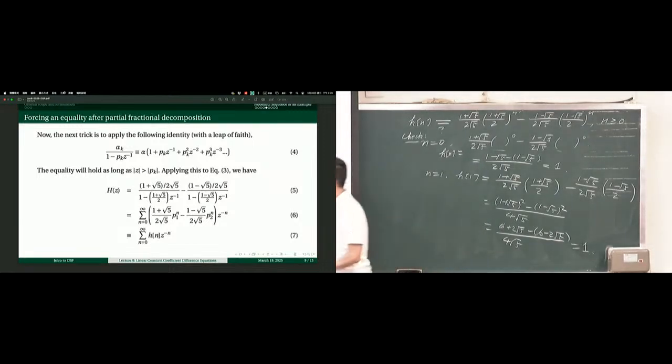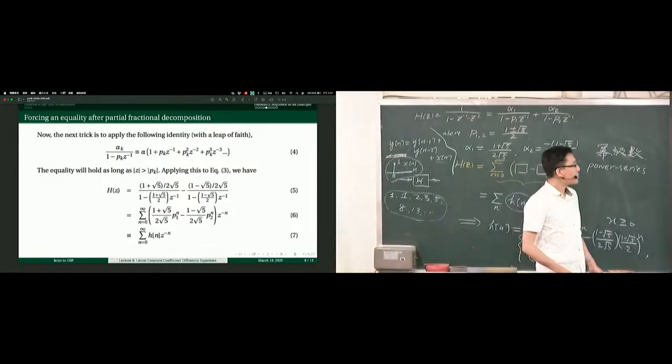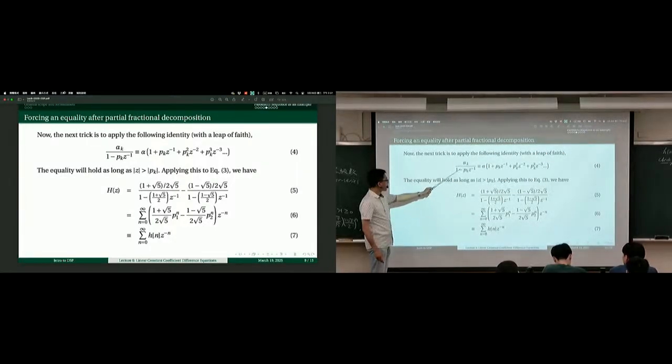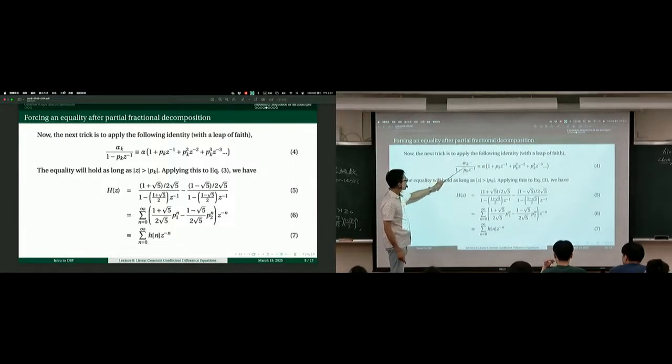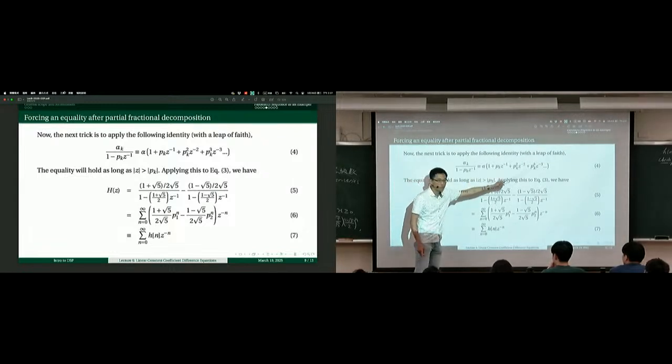And what's next? Next we need to mention a few conditions for the equality to hold, for us to apply it. Okay, so I mentioned that in general, when we have this formula, the kind of reverse formula for geometric series, on the right we're summing up a geometric sequence, P z minus 1, P squared z minus 2, P cubed z minus 3.